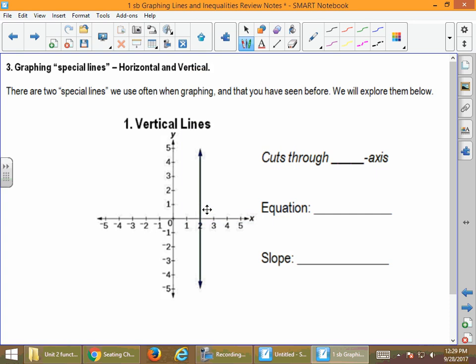A vertical line crosses or cuts through the x-axis. So when we write the equation of a vertical line, we write x equals wherever it crosses, which happens to be the 2 here.